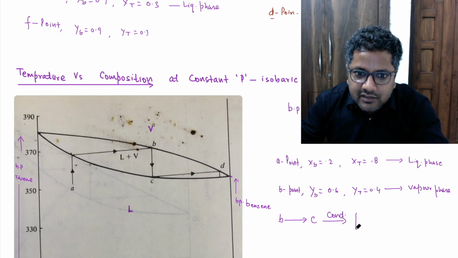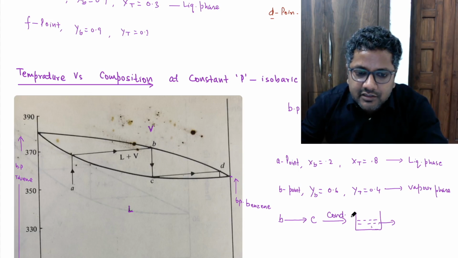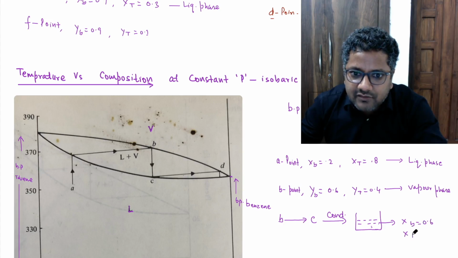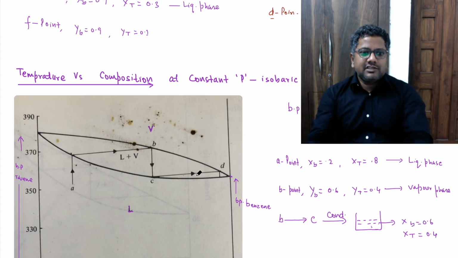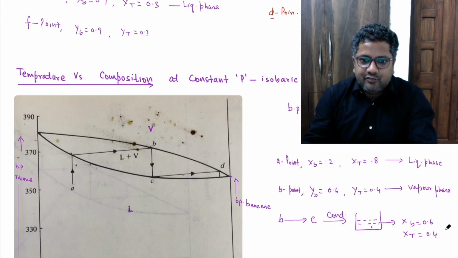Condensation means you are condensing the vapor into liquid. Now in this liquid phase after condensation B to C, what is the mole fraction of benzene? Mole fraction of benzene is 0.6 and mole fraction of toluene is equal to 0.4. So whatever first condensate we are taking here, that is 0.6 and 0.4.